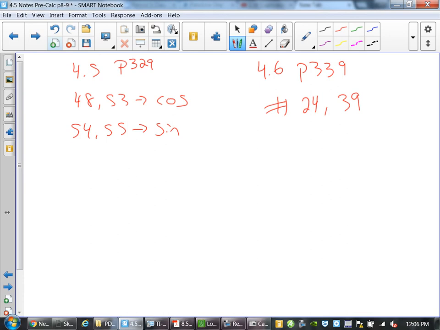So I'll give you 6 of them. 2 of each. All right. Oh, no, 48, 53, and then 54, 55. Just change 54, 55 to sine. It says cosine on the props. I'm kind of surprised they didn't have that many sine shifted ones. I'll fix it for you, Mark.